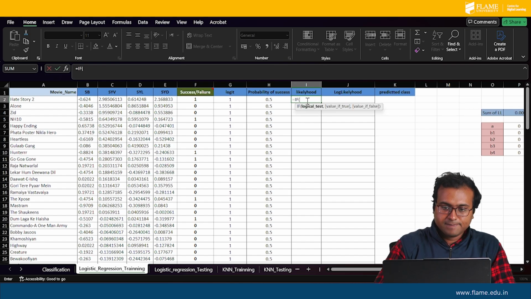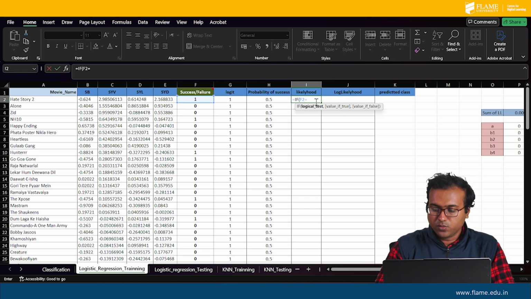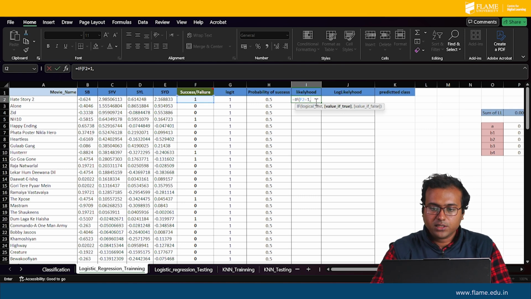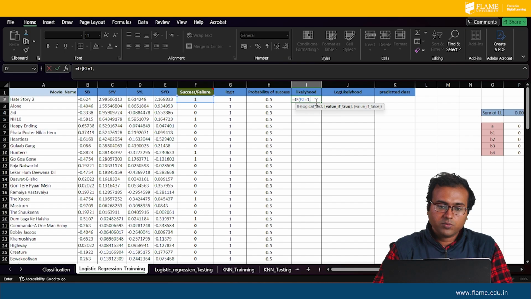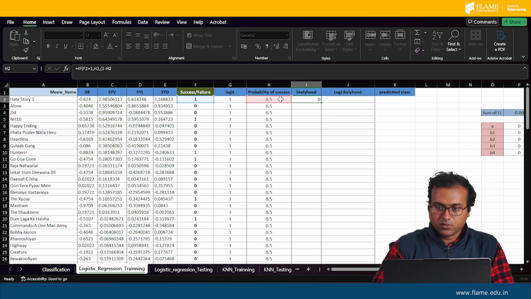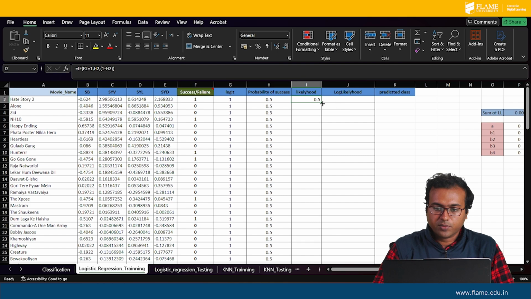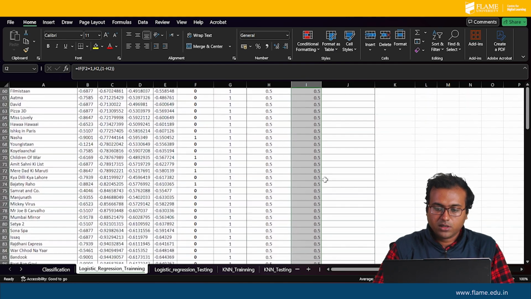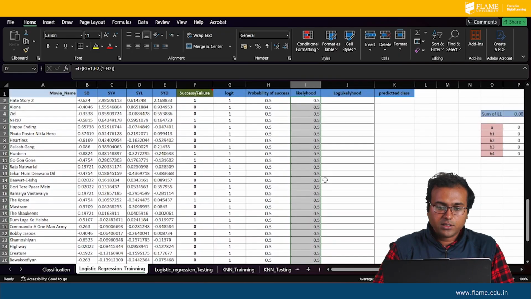If your F2 cell equal to 1, because we are trying to maximize here the maximum probability, or we are trying that it should reach the highest value, that possible value is 1. Then probability of success you can consider, else probability of failure, so 1 minus that particular probability that you have calculated. So, once you create it, your likelihood is also 50%. So, there is a 50% chance that particular instance your label will be predicted as 1.